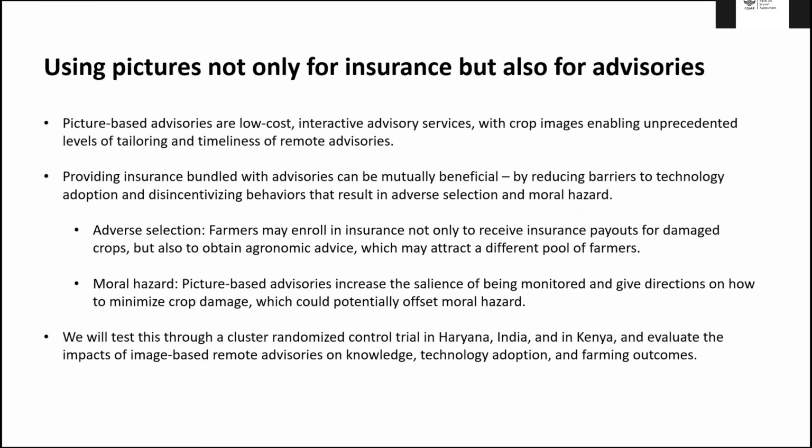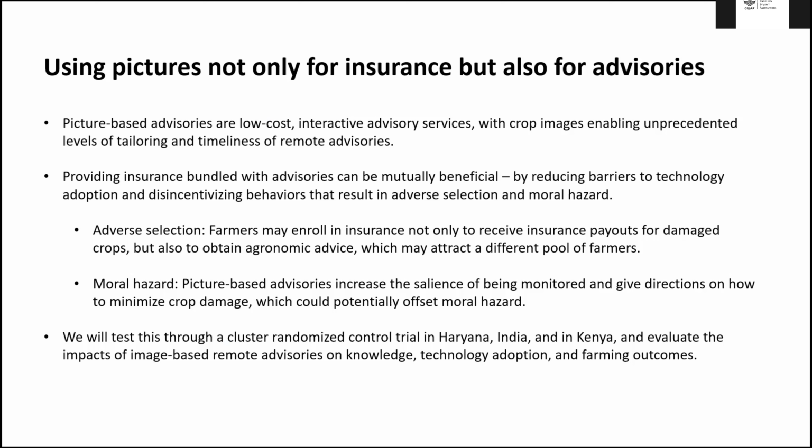So we're starting a new SPIA-funded impact evaluation in the context of communities where picture-based insurance is offered by our implementing partners. We're looking at the impact of also providing advisories on the basis of images.